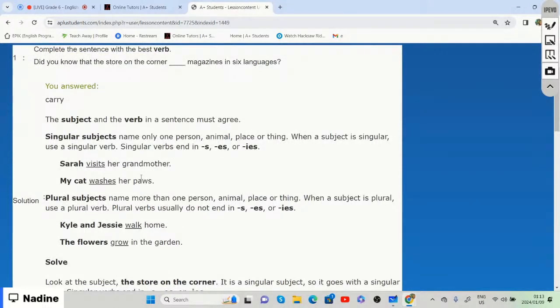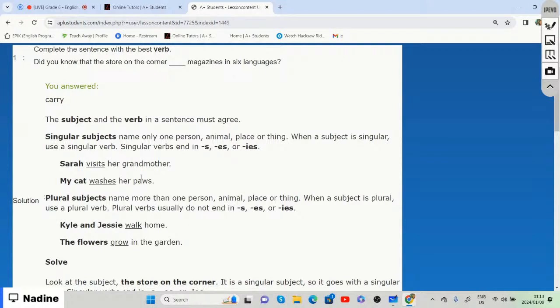All right, so once again, we see that the subject as well as the verb in a sentence must agree with one another. And that is why our chapter is subject-verb agreement, right? Which gives us the indication that the subject as well as the verb needs to agree. And we made mention of singular subjects as well as plural subjects.